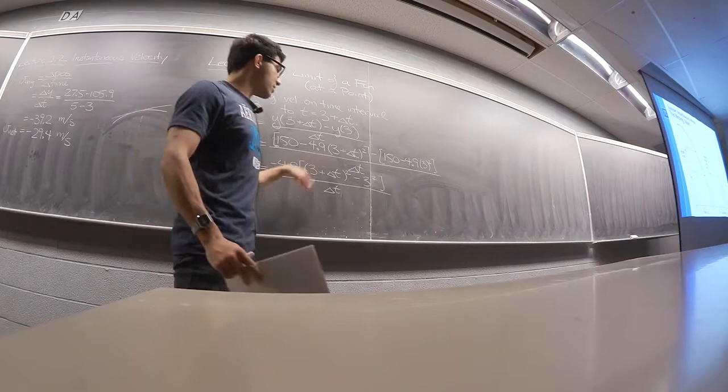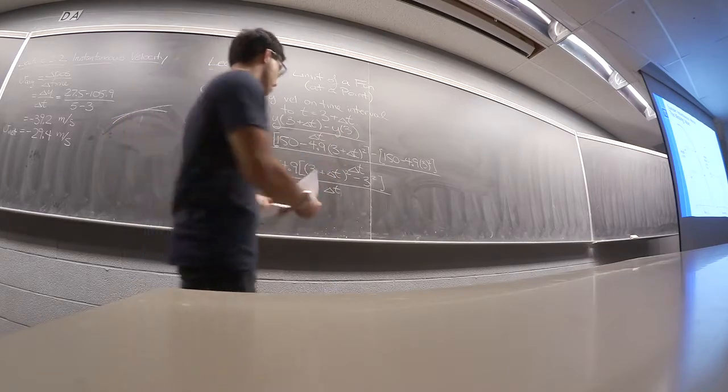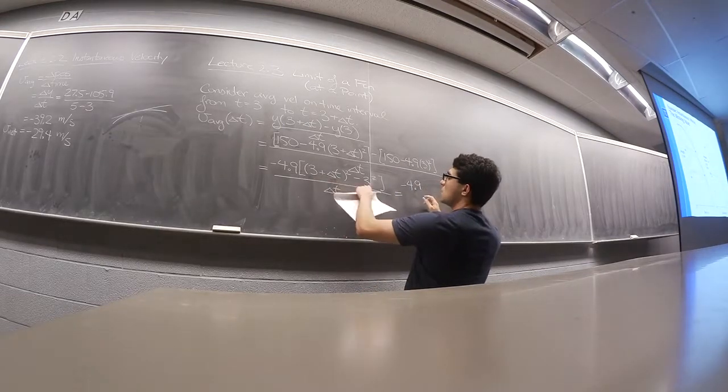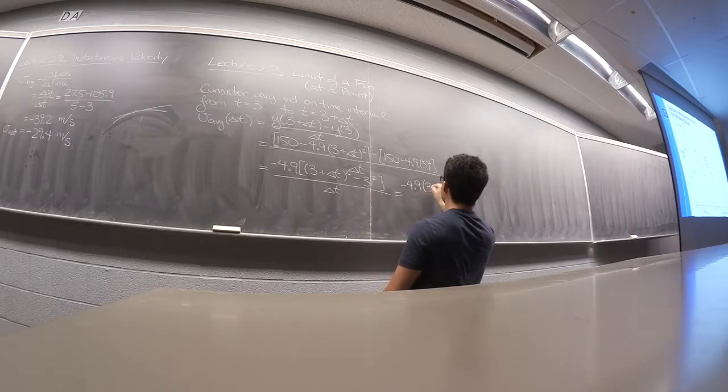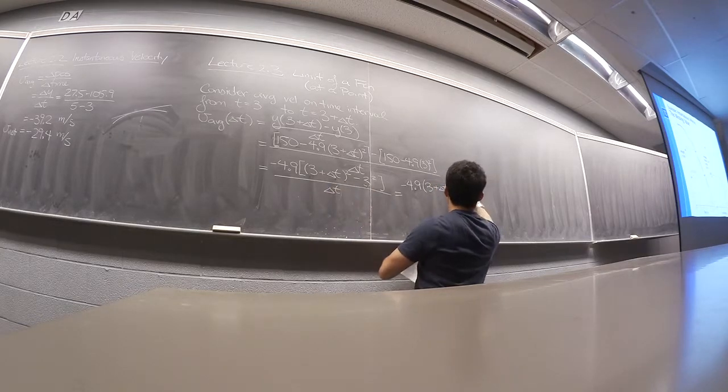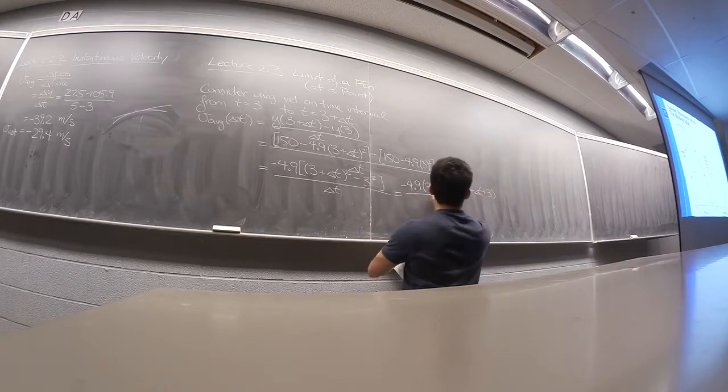You can expand this and clear stuff, or you can do difference of squares, which is what I'll do. Bend the knee, while showing the board respect. 3 plus delta t minus 3, and 3 plus delta t plus 3, over delta t.